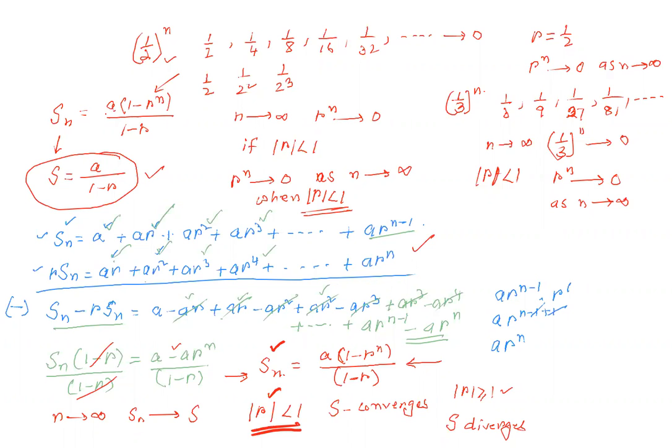Okay, let's do an example. The example is this. Let's say I gave you this sequence. This is a geometric sequence. 3, 1, 1/3, 1/9, 1 over 27.